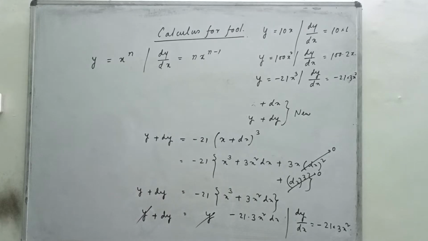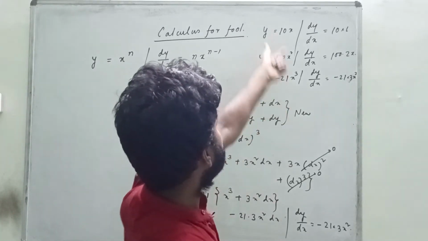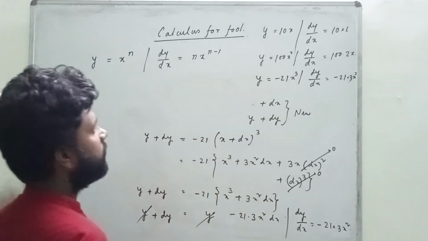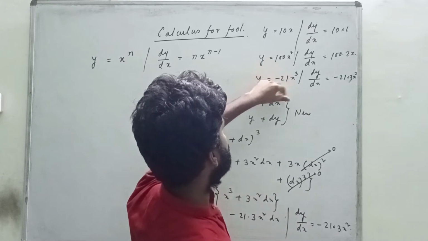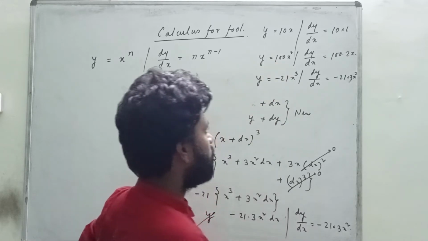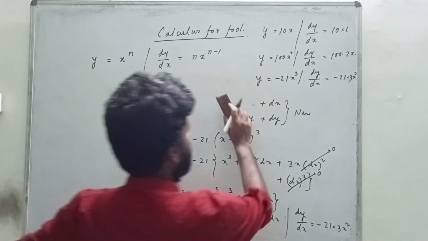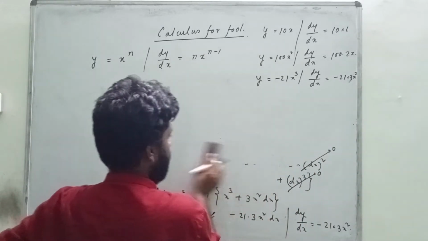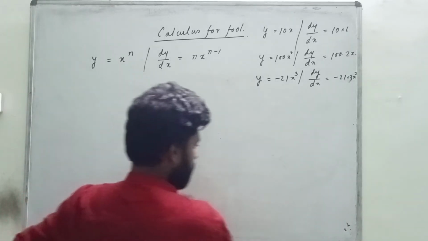Now it is a very crucial finding here. The minus 21 is actually a constant. It is a number, and for our calculations, the number doesn't hamper.